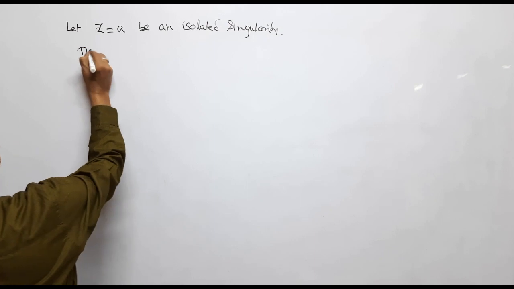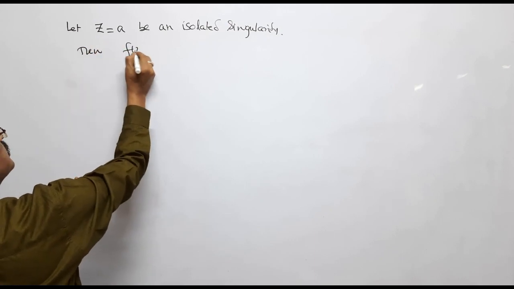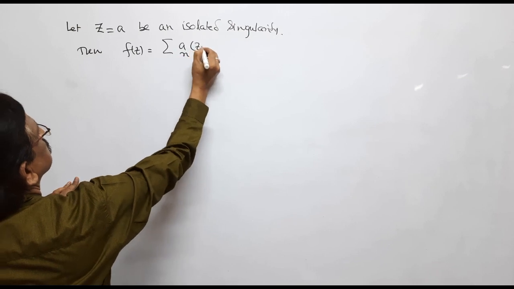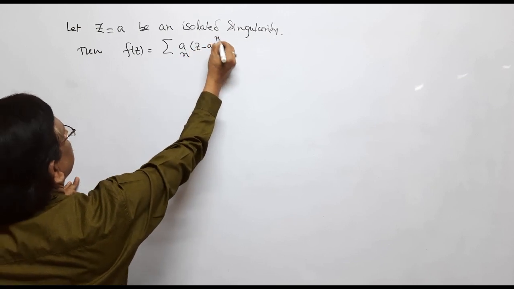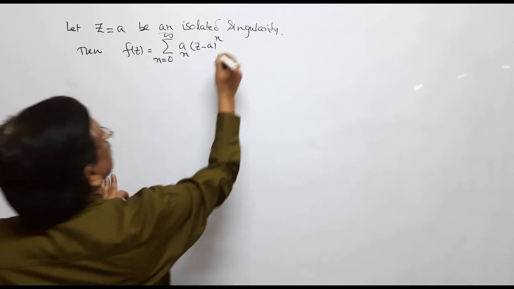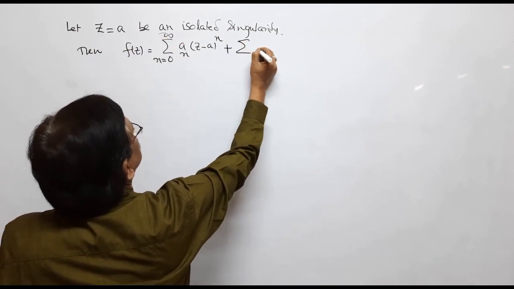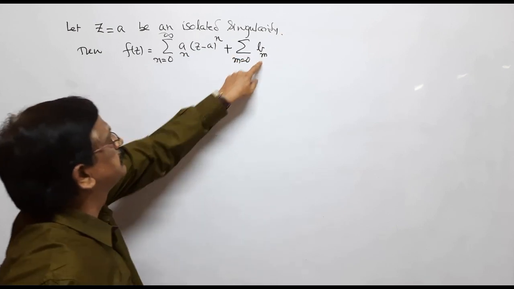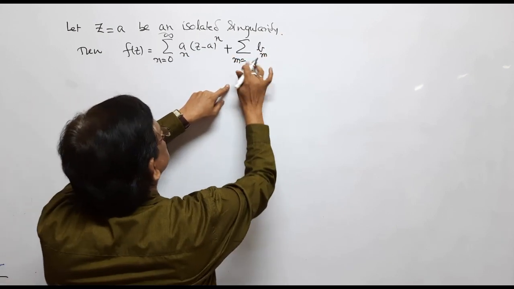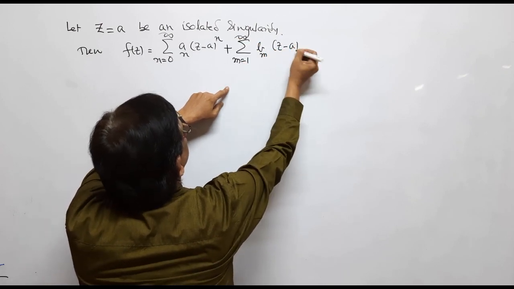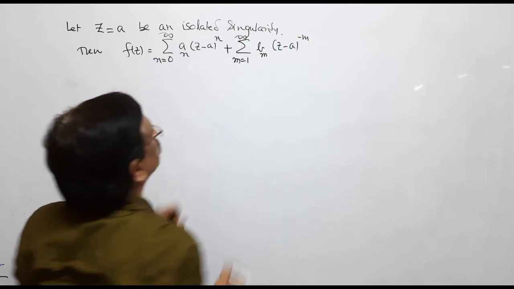Then you can write down the Laurent series f(z) = Σ aₙ (z − a)ⁿ, n = 0 to infinity, plus, I will change the letter, Σ bₘ (z − a)^(−m), m runs from 1 to infinity.